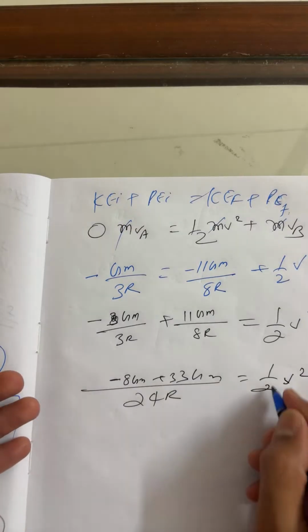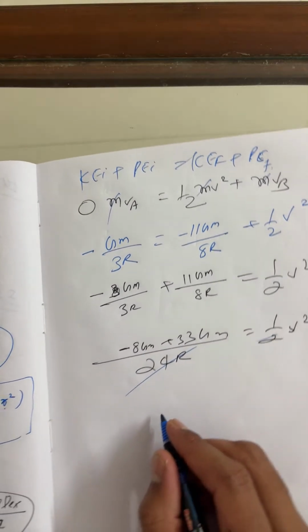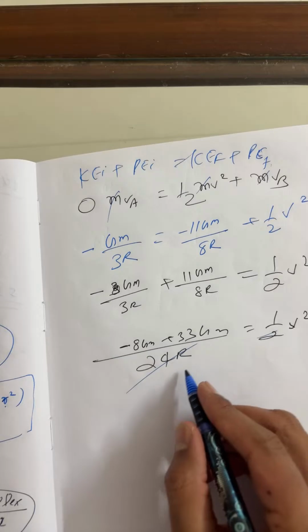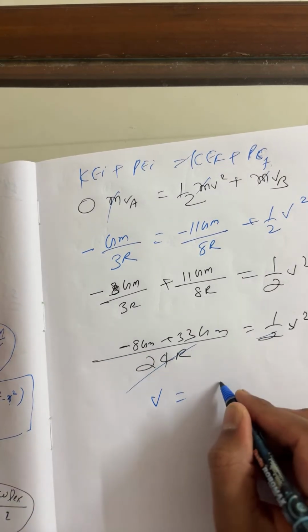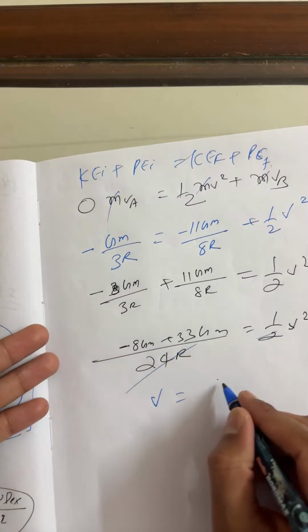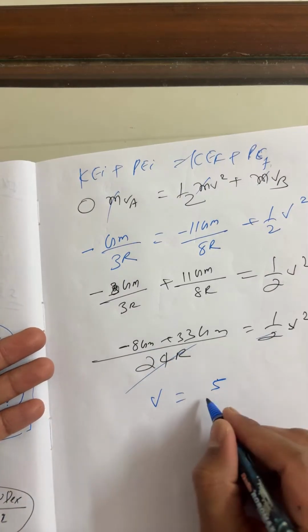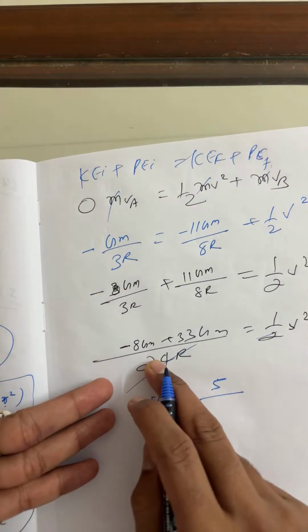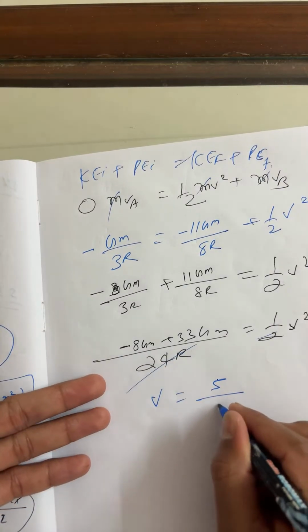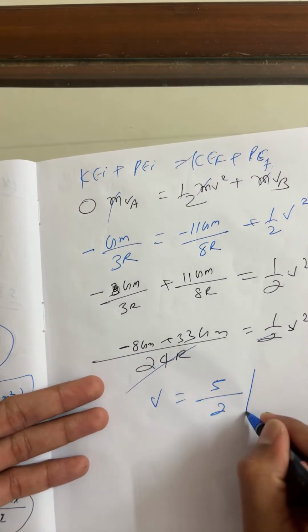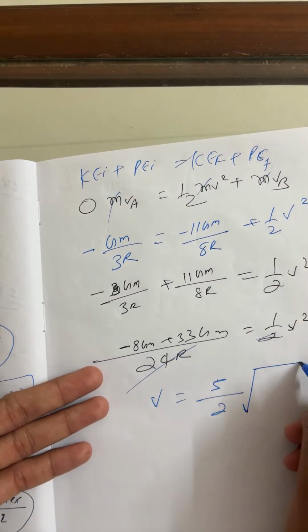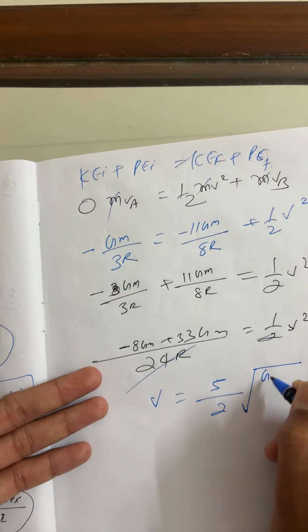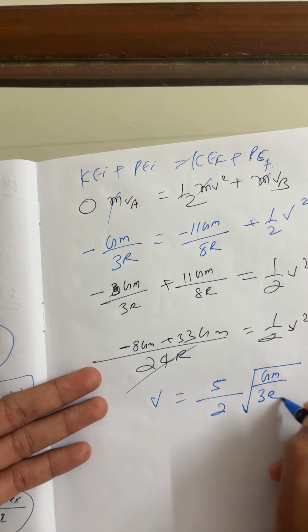You can see this cancels, giving 25 over 12, so finally v equals 5 by 2 times the square root of GM by 3R, because it's 12.